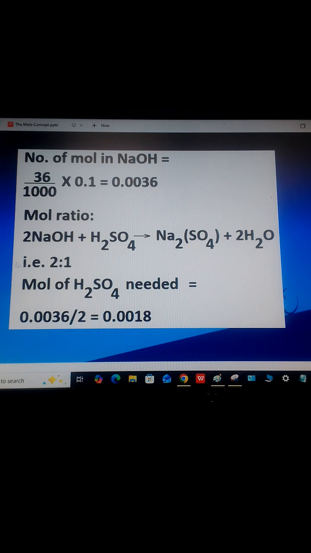And because we have determined the number of moles of sodium hydroxide, it follows that half of these moles is used from sulfuric acid, because the mole ratio is 2 to 1. So the number of moles of sulfuric acid used is 0.0036 divided by 2, which is 0.0018.